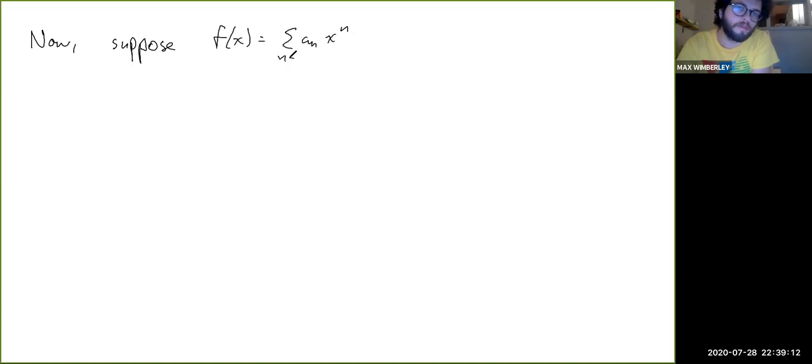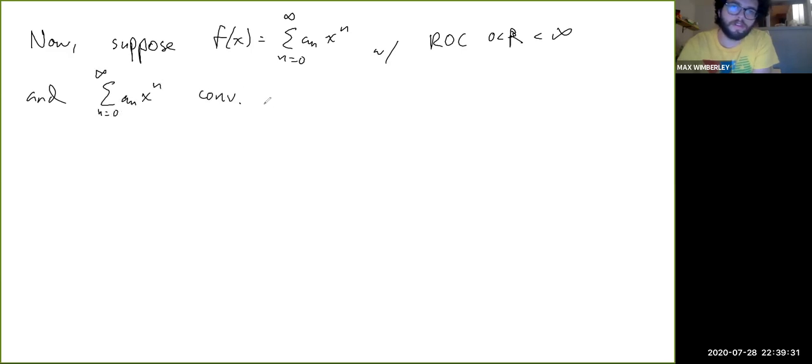So now, suppose f of x is the sum of a_n x to the n from n equals 0 to infinity with radius of convergence r, and this series converges at x equals negative r.